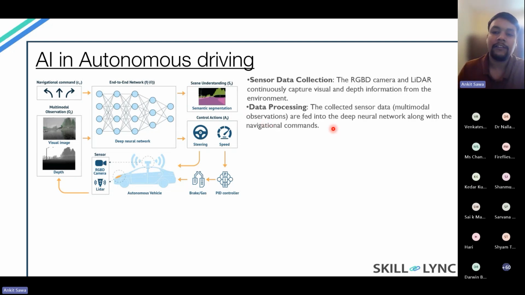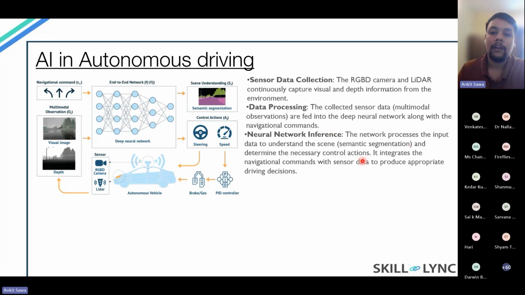So the sensor data are collected, and the neural network processes the input to understand what the different signals are, the depth and the visual image, and the object detection happening. It defines necessary control actions, like whether you need to change your navigation, steer left, right, or slow, or take a sharp right or a sharp left.